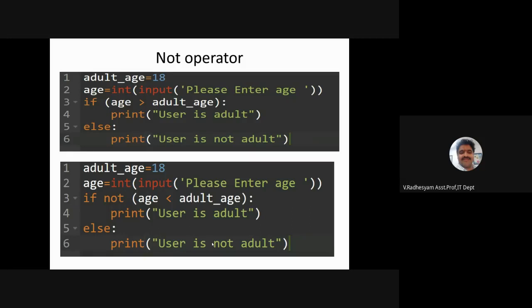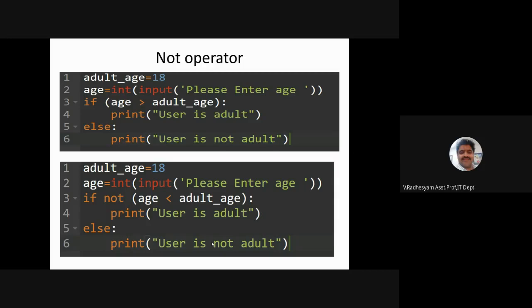Now I am fixing that adult age is 18. Then age is equal to int of input, please enter age. This statement is to enter the age.